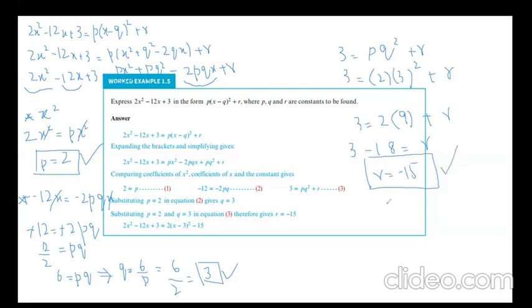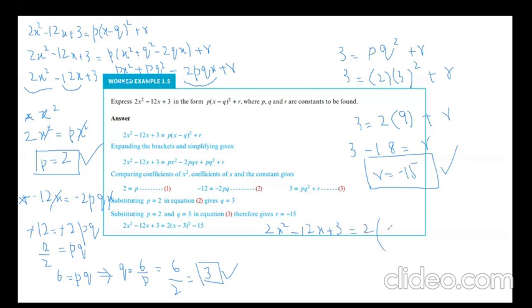Now putting this p, q, r in this equation, this must be 2x square minus 12x plus 3 equals, what is the value of p? The p value is 2. What is x? X is a variable, minus q.